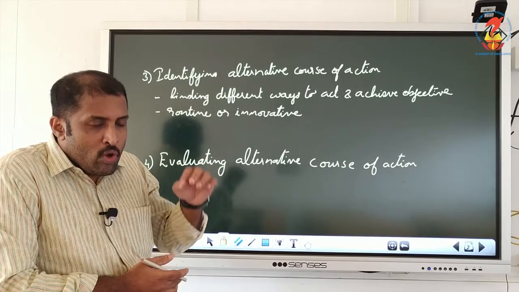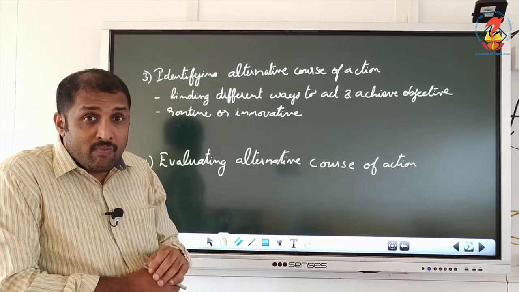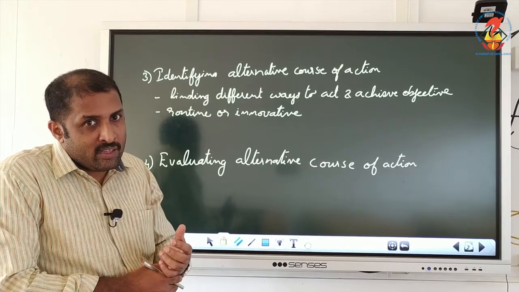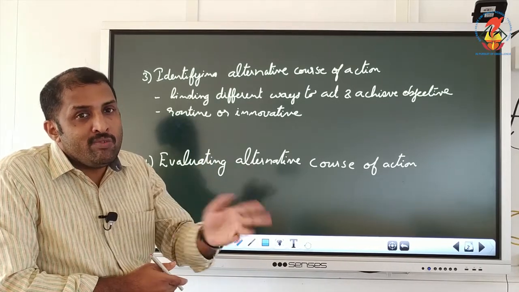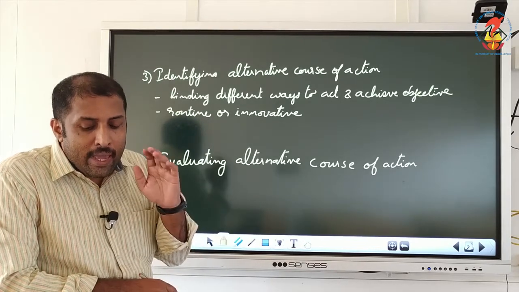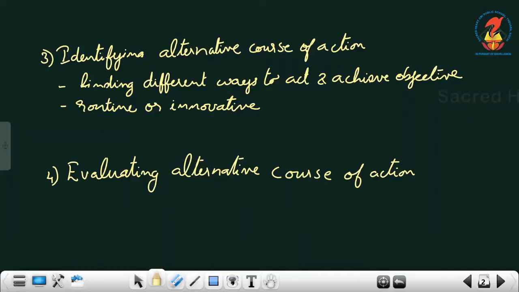Now moving on to the fourth step, which goes in continuation. In the third step, we identified different ways to act, different ways to achieve the objective. In the fourth step, we have to analyze, or evaluate, the alternatives we have found.